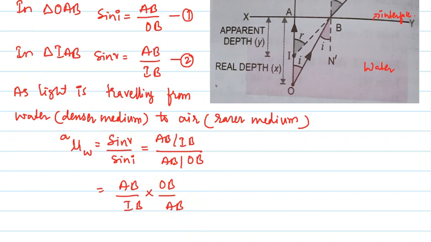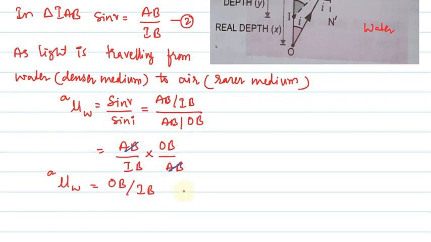From this I can cancel AB and AB. So I can write the refractive index of water with respect to air, mu, is equal to OB upon IB.